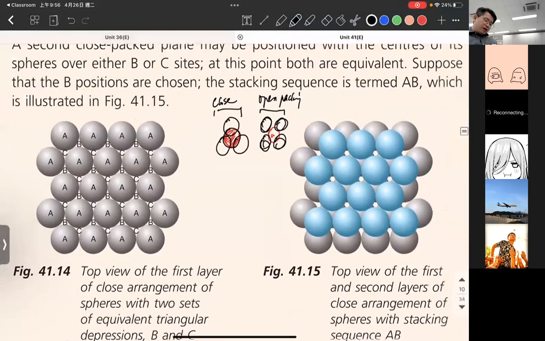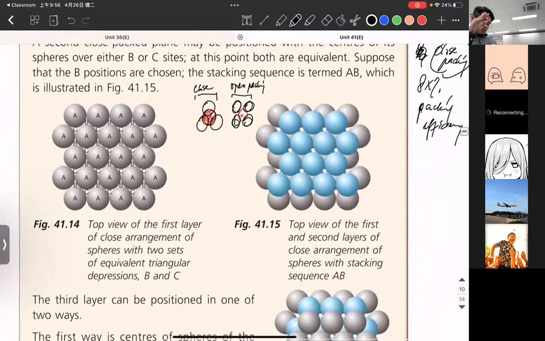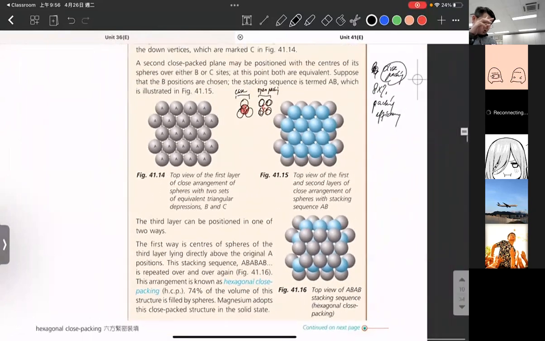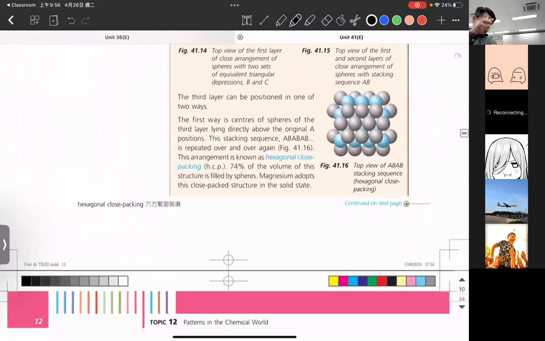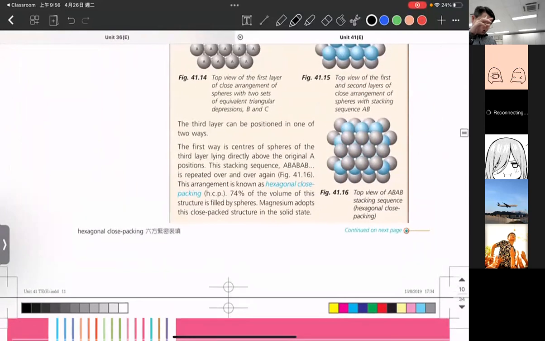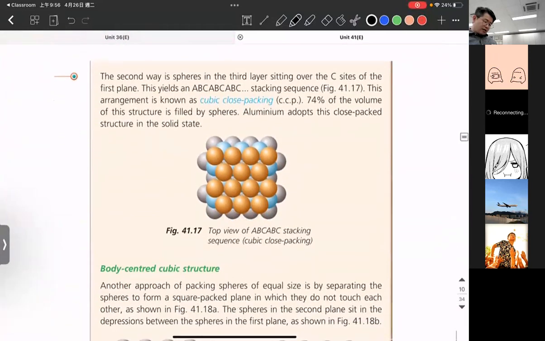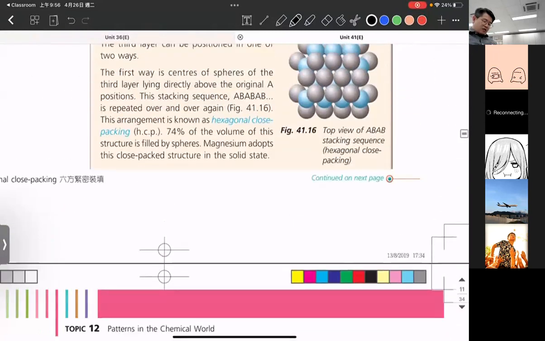And because of that, we have got two patterns. One is the ABA layer, where the third layer repeats layer A. We have got the ABC layer as well. So because of that, we have two different patterns. We call them hexagonal close packing, or face hexagonal close packing, with this AB layer, as well as cubic close packing, CCP, in which the packing pattern is different.